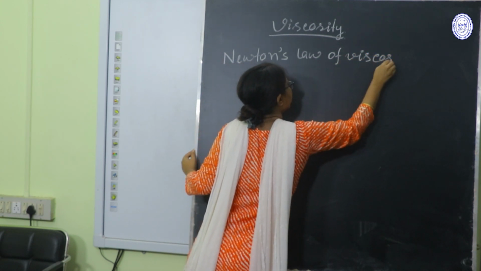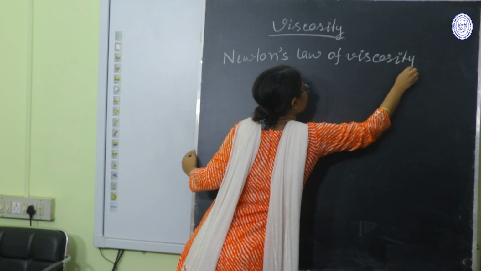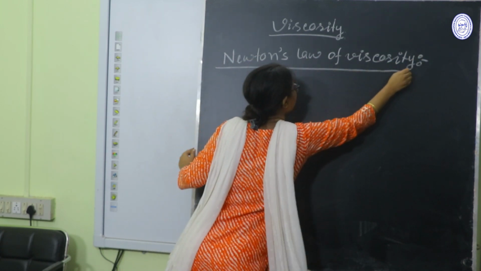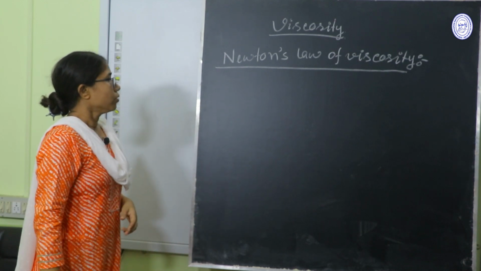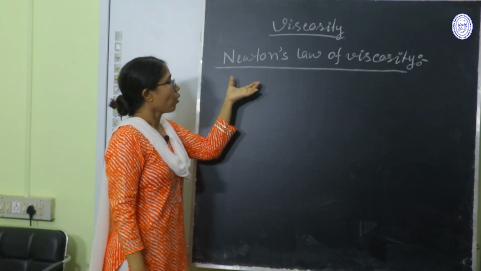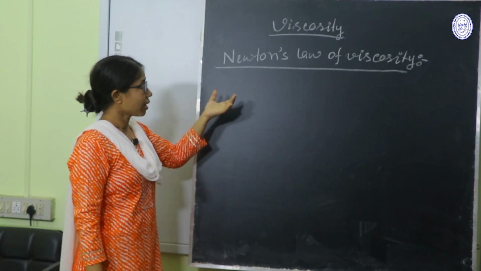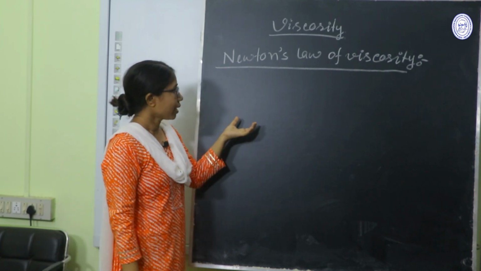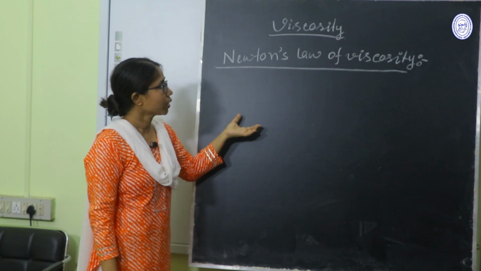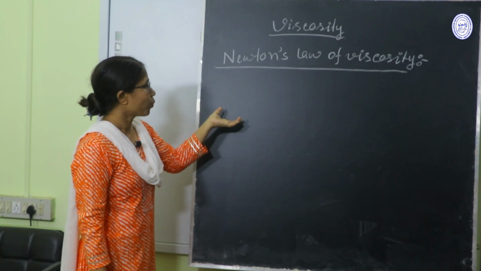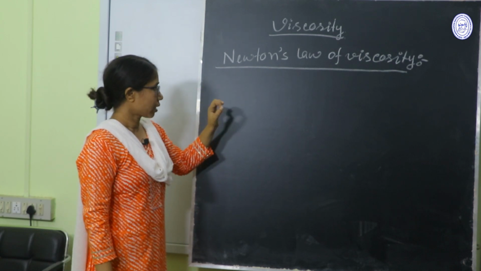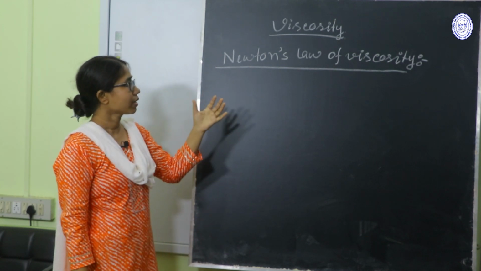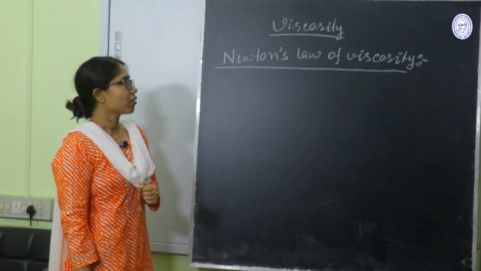According to this law, the tangential stress of internal friction due to the relative motion between layers is proportional to the area of contact and the velocity gradient. Now, what is the velocity gradient?